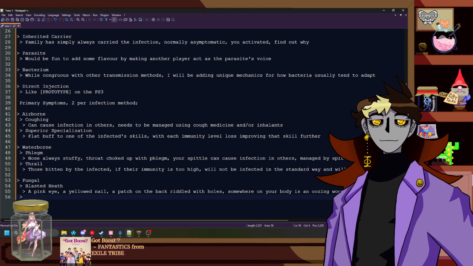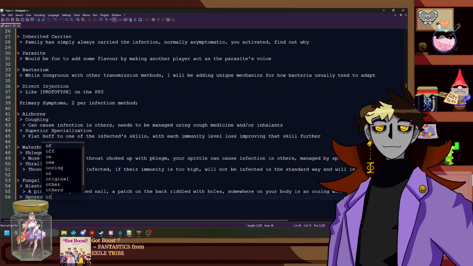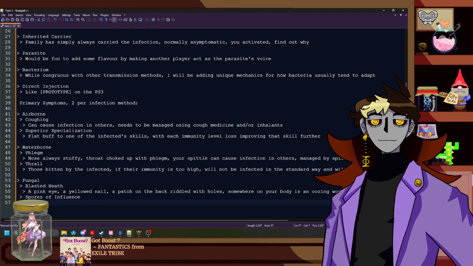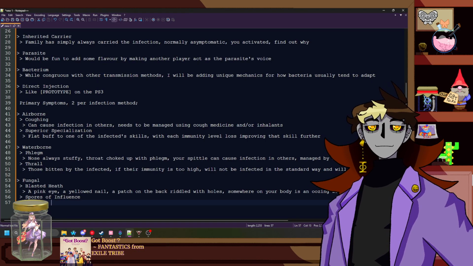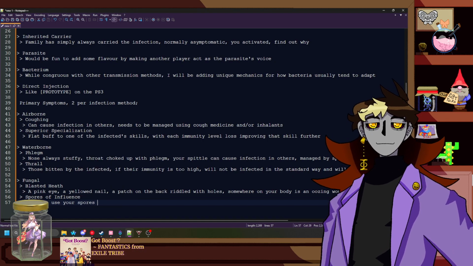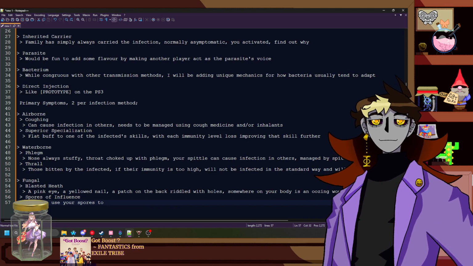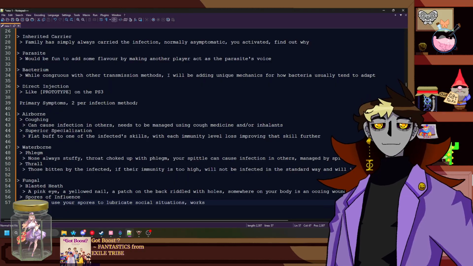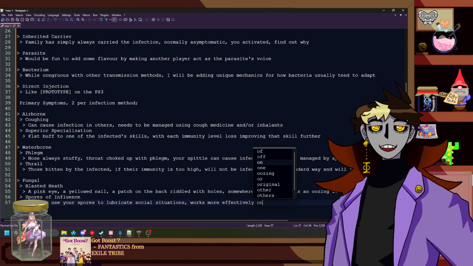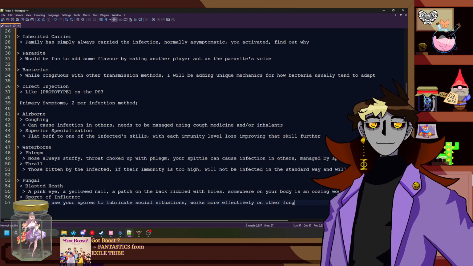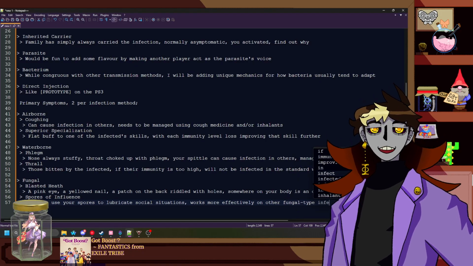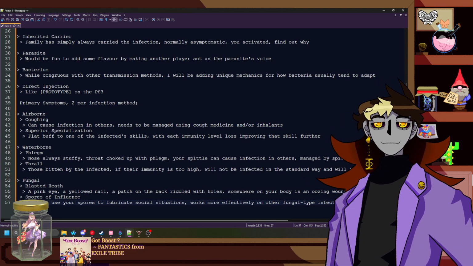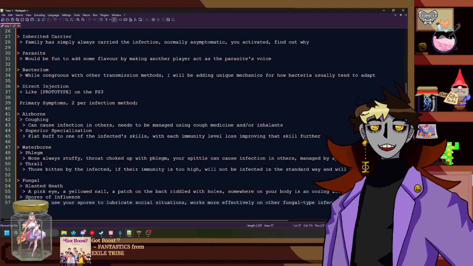Spores of influence. Yeah, yeah. To lubricate social situations. Works more effectively on other fungal type infections. Yeah, yeah, yeah. I'm getting it. I'm understanding.